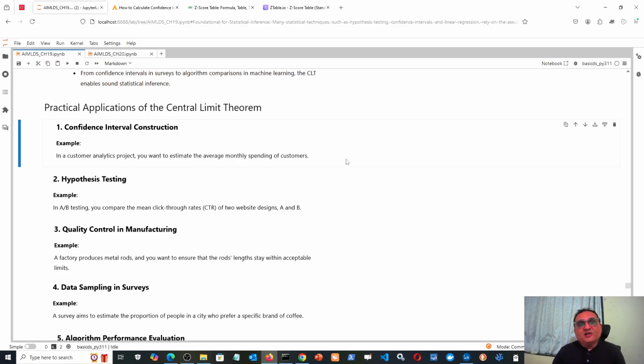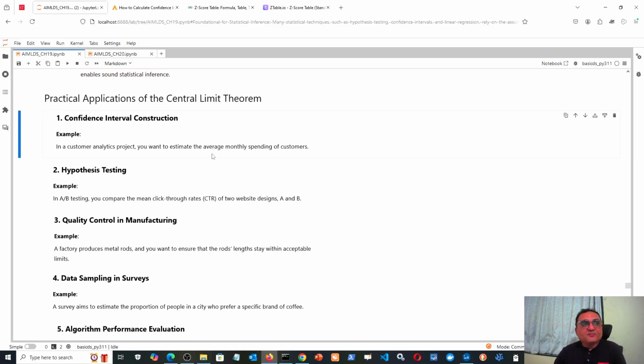So it is $5 minus 10% of $5, that is $0.5, so 4.5, to $5 plus 10% of $5, so that is 5.5. So you want to decide that the average spending of each customer will be between $4.5 and $5.5, and then you just have to multiply by the number of customers. That will give you a fair idea about what revenue you can expect from the streaming platform, right?